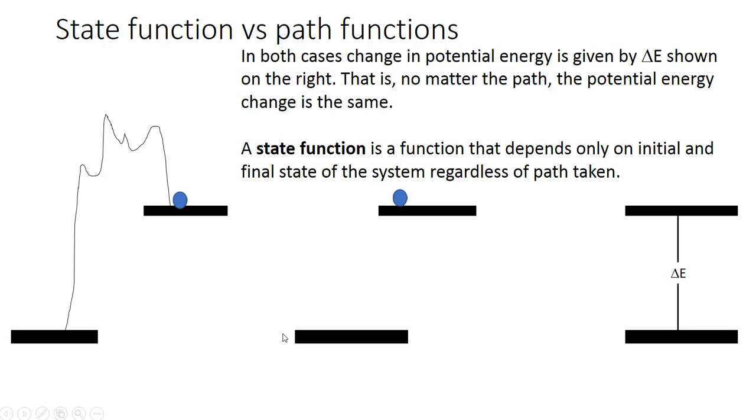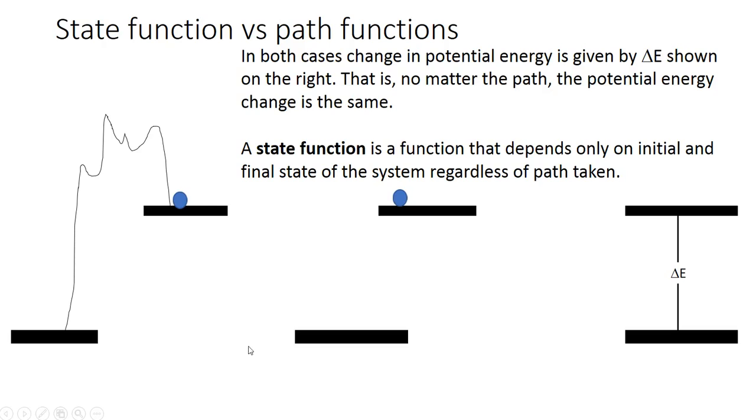But what is the definition of a state function? A state function is a function that depends only on the initial and final state of the system, regardless of the path taken. So it doesn't matter even if you go all the way here and come back here.